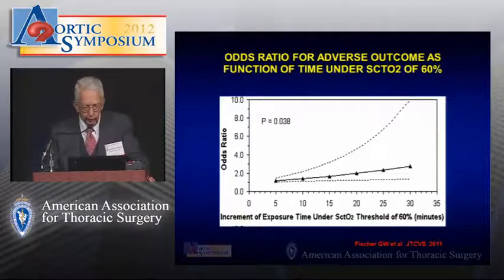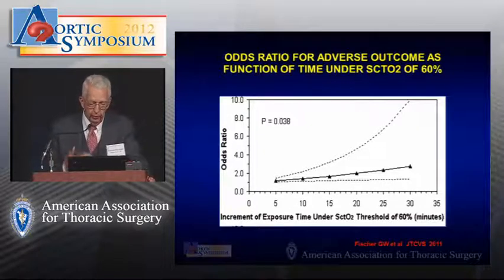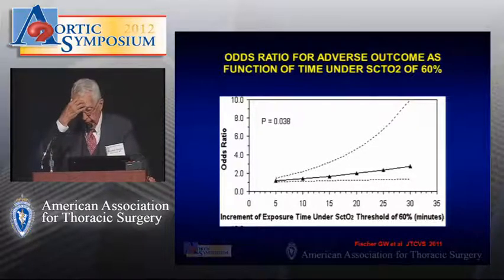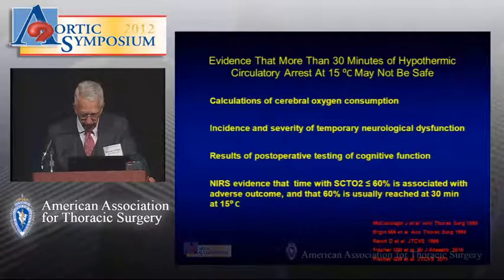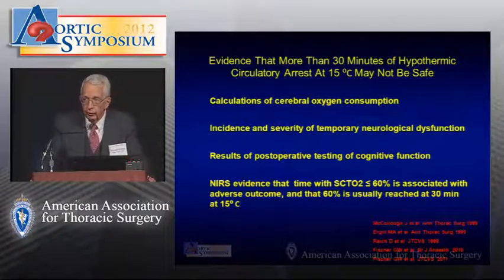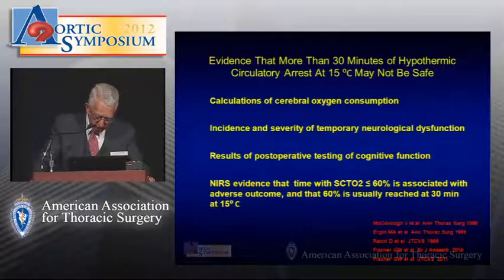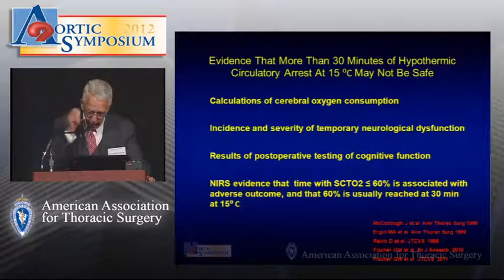The odds ratio went from about 1 at about 35 minutes on this slide, up to about 2 by the time one had added another 30 minutes of circulatory arrest. We had also noted, doing prospective assessment of temporary neurological dysfunction, that we seemed to see a change somewhere around half an hour of circulatory arrest.